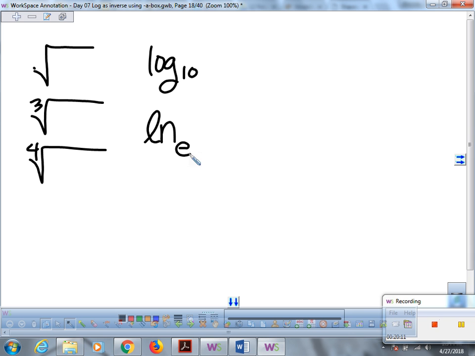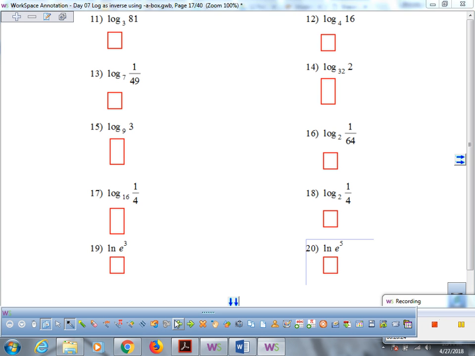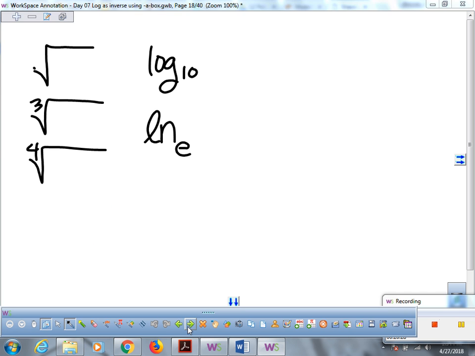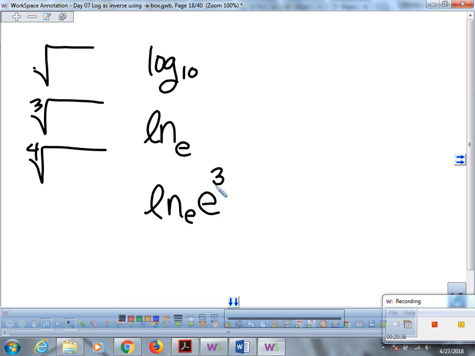So if you have something like this, that's the natural log of e cubed. Natural log e, this is what you're really seeing. Now, I know this is funny to say, and it looks very obvious, but what do I need to do to e? What do I need to do to my base?